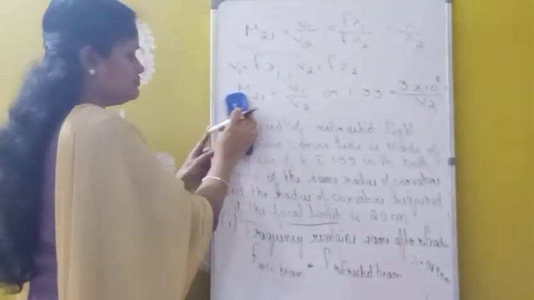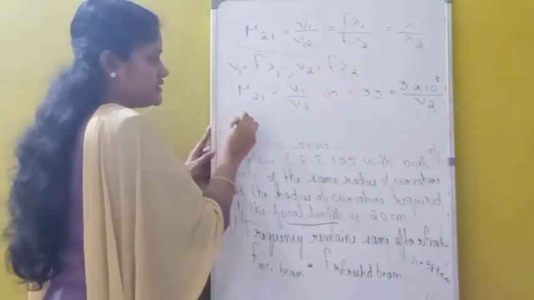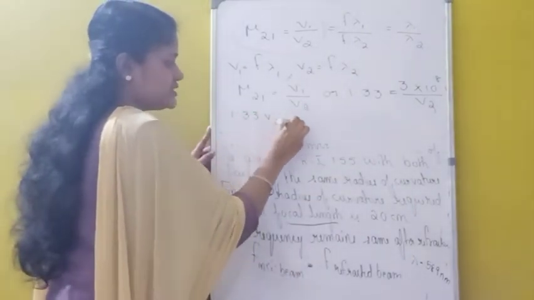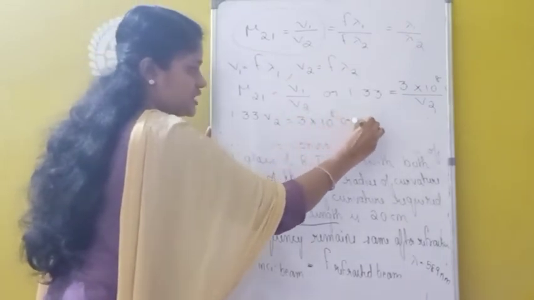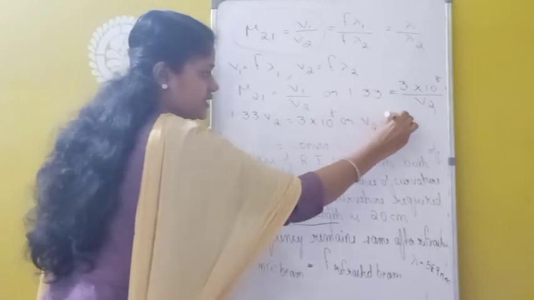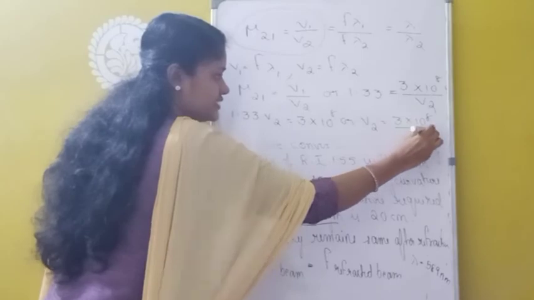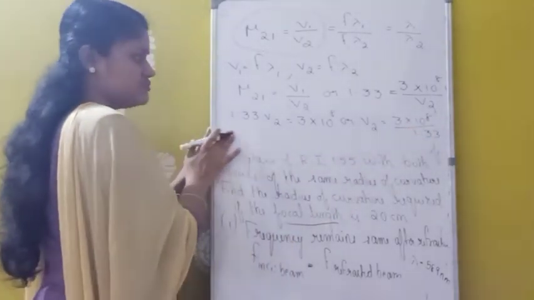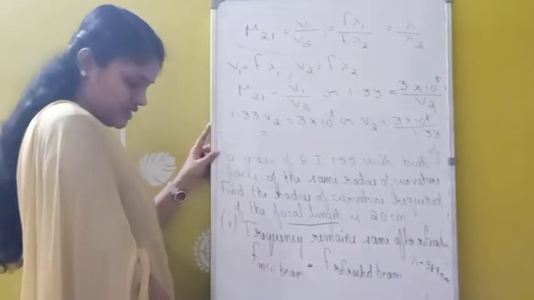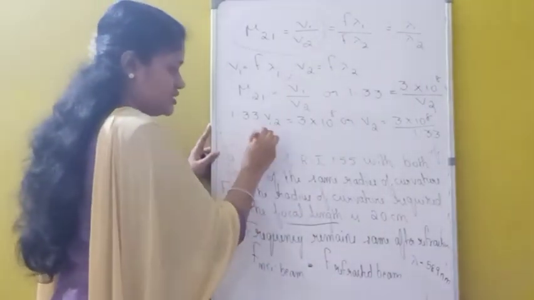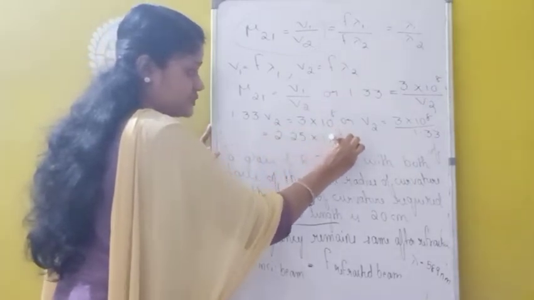Cross multiplying, we get 1.33 into V2 equals 3 into 10 raised to 8. So V2 equals 3 into 10 raised to 8 divided by 1.33. Simplifying, you will get V2 as 2.25 into 10 raised to 8 meter per second.